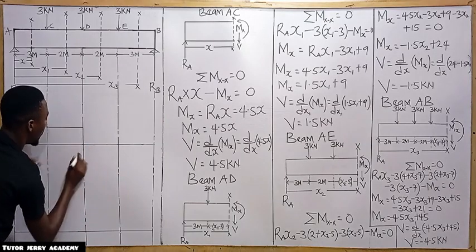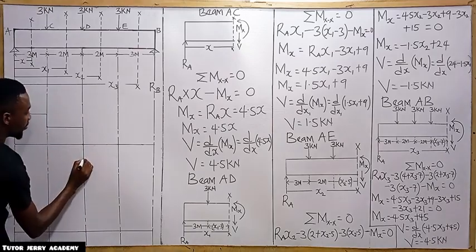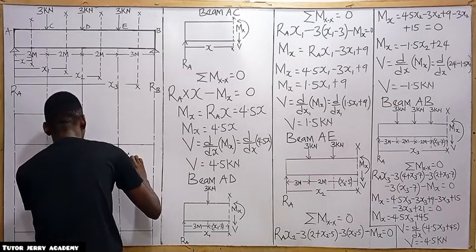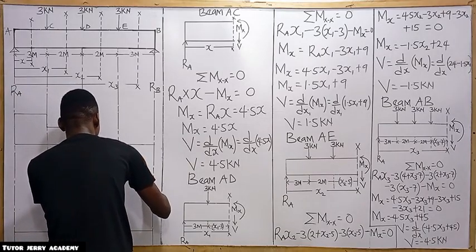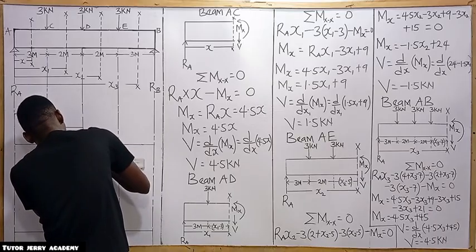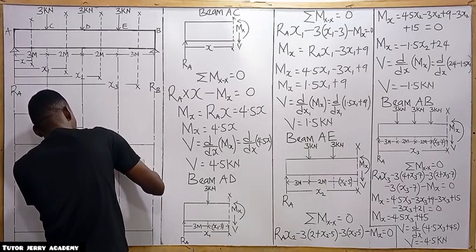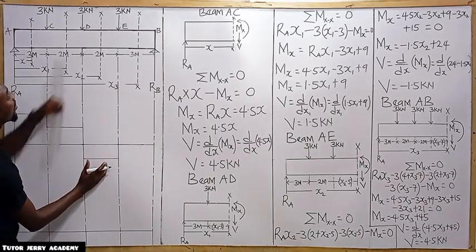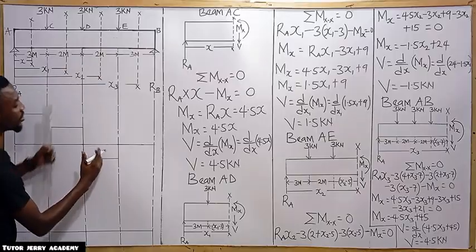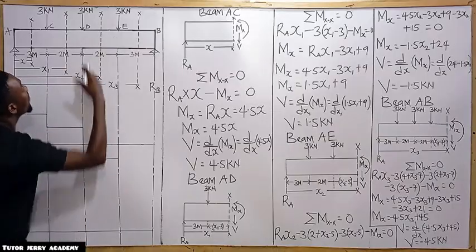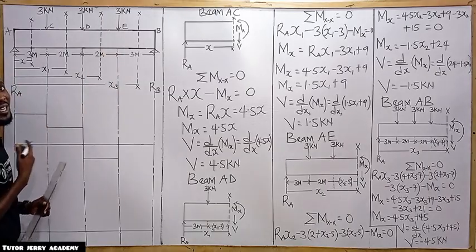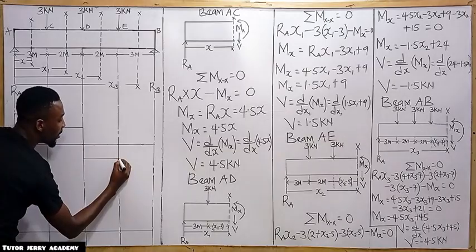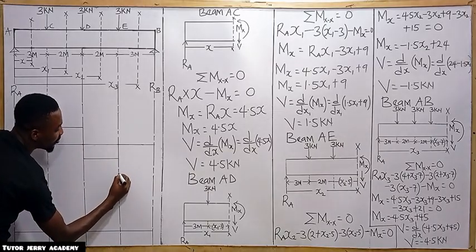If you look at this, from this point to this point we don't have any other force, so we are going to have a constant line here. Don't forget it's negative 1.5. We are having a downward force here, so it's going to be negative 1.5 minus 3, which is going to give us what? 4.5, so for this point we are going up by 4.5.